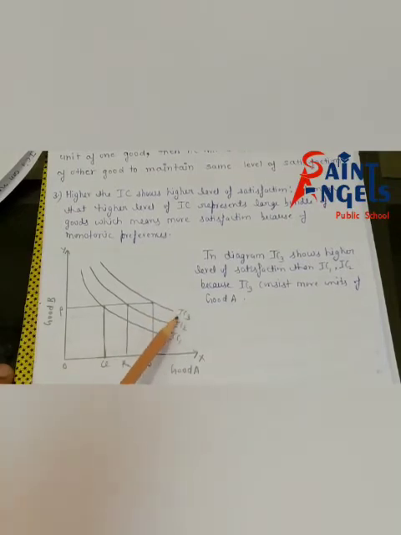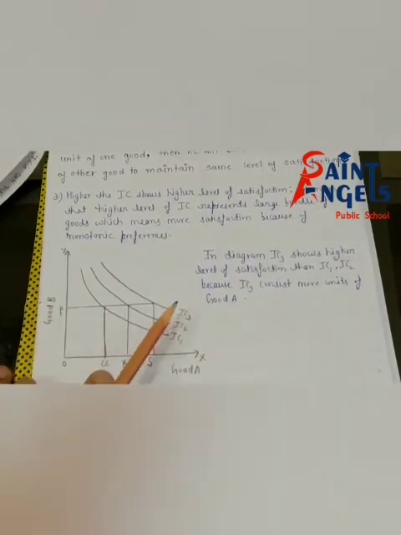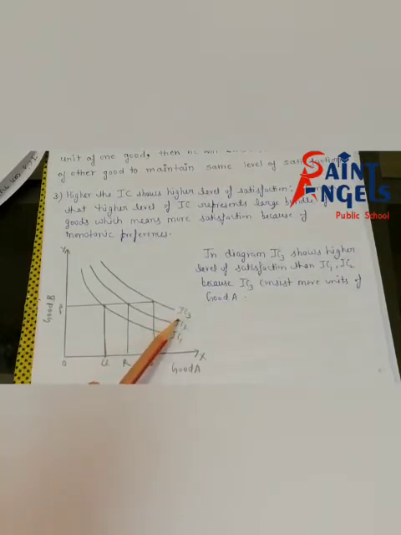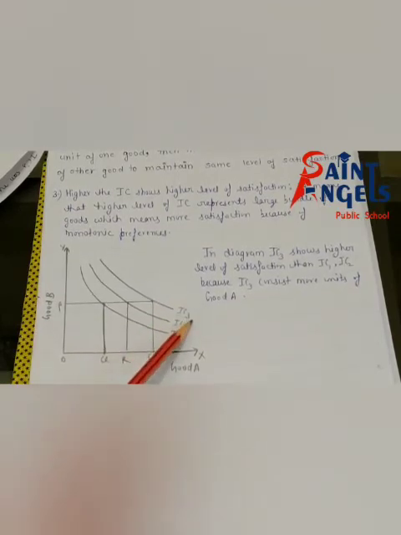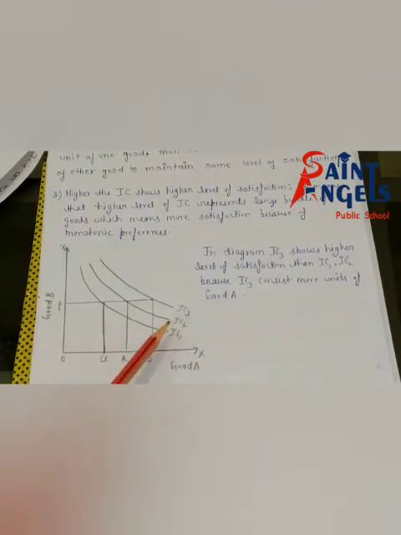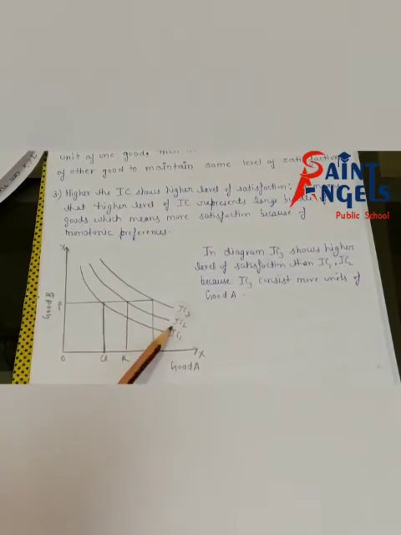IC3 represents a large bundle of goods, or a large quantity of goods, which means more satisfaction. According to this diagram, IC3 will provide a higher level of satisfaction as compared to IC1 and IC2, because this IC is higher than IC1 and IC2.